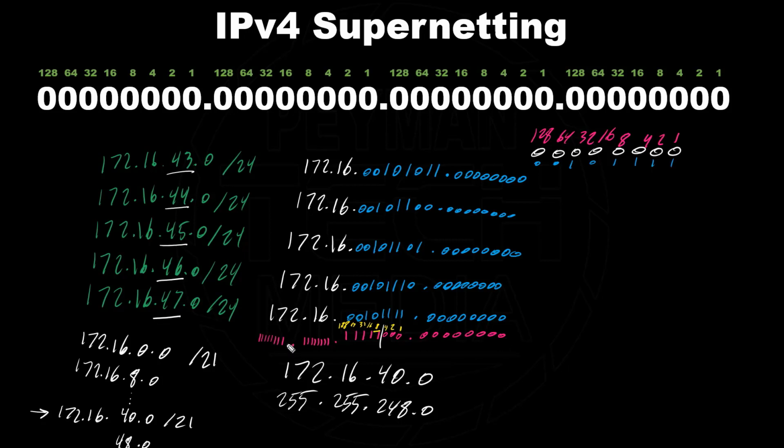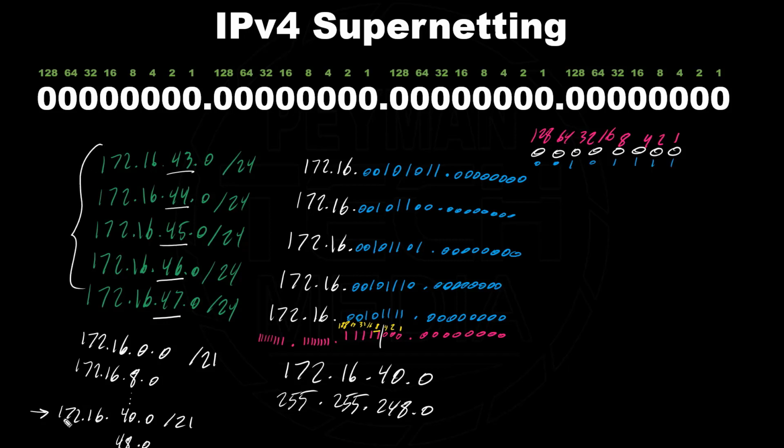So the binary of 8 bits, that's 255, 8 bits on a second octet 255. The third octet we have only 5 bits turned on, and when we convert this binary to decimal is 248, and then on the last octet 8 bits of 0, which the decimal value is 0. So this network address and this subnet mask covers all these addresses.